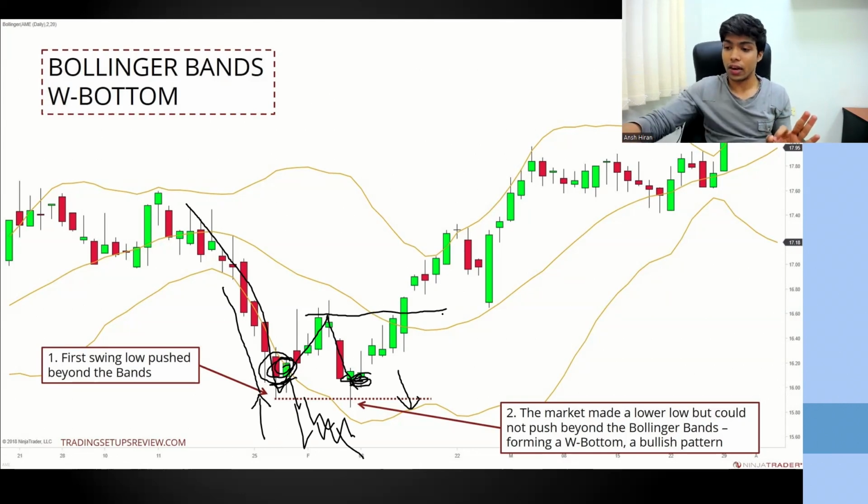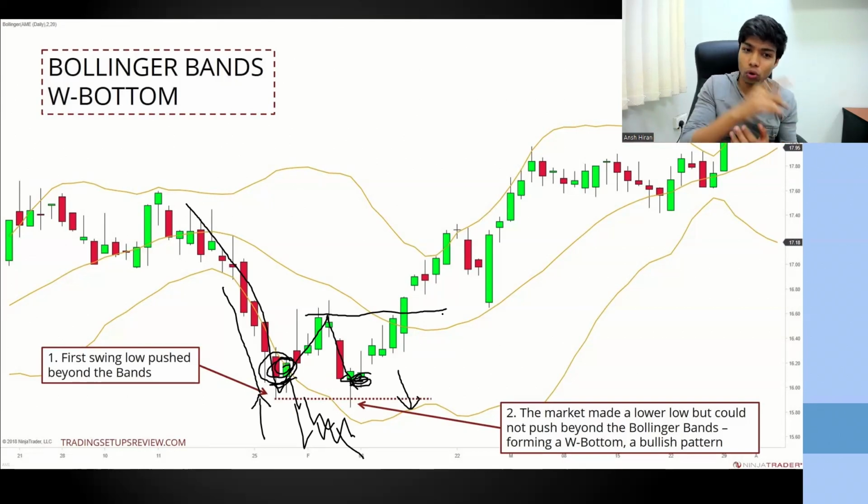As I said in the last session as well, you will get, let's say, 50 double bottoms in one go in the stock market. Out of those 50, you can only trade 5 or 7. So how to filter out those 5 or 7 which are very high probability? You will look at all the criteria. Now, if you just know the W pattern, you have to trade all 50.